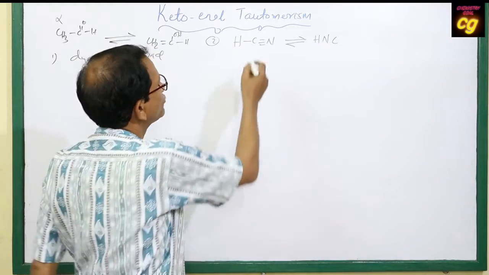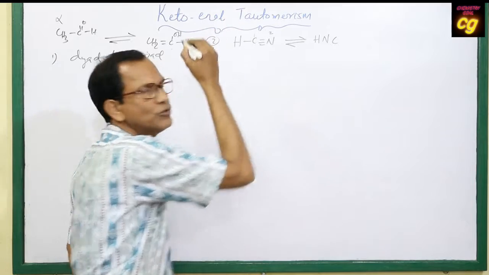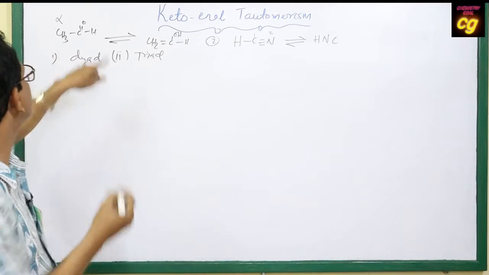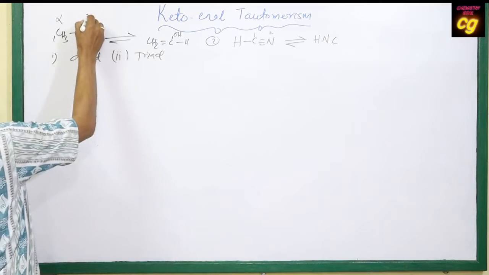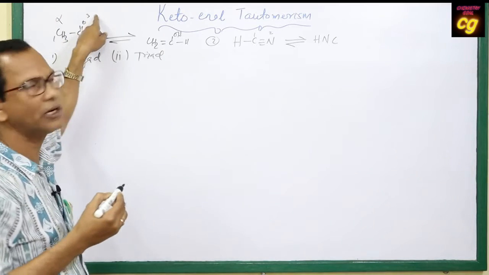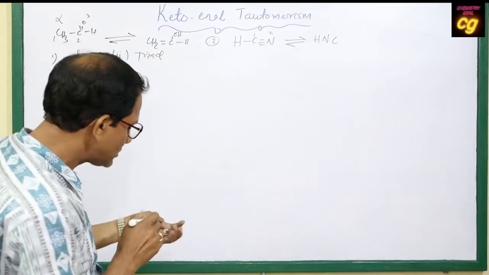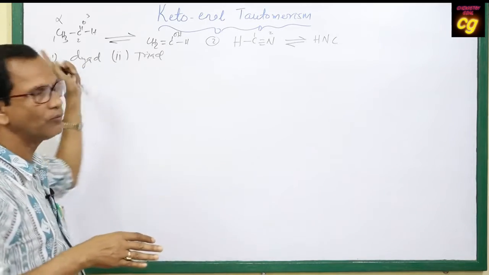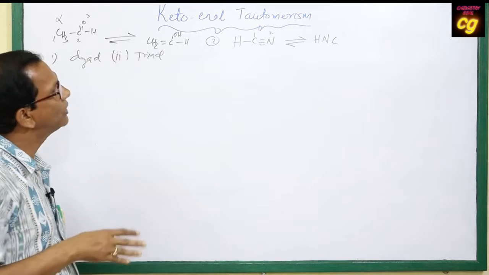So it is a 1-2 shift. A 1-2 shift is called a dyad, and a 1-3 shift, from the first atom to the third atom, is called a triad.